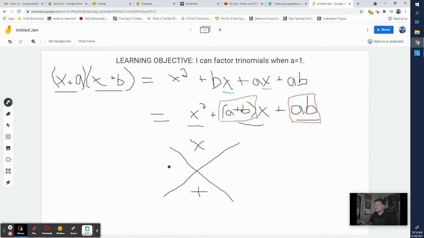We're looking for any numbers, a or b, that multiply to make the constant term and add together to make the middle term. There's the pattern. There's the shortcut. This is what we're going to use to factor all these other trinomials. So now let's get to some Delta Math.